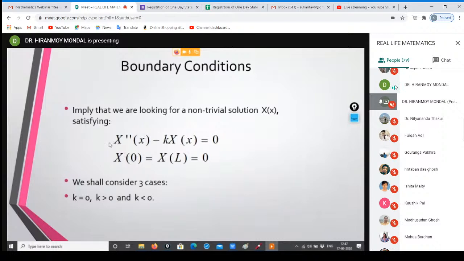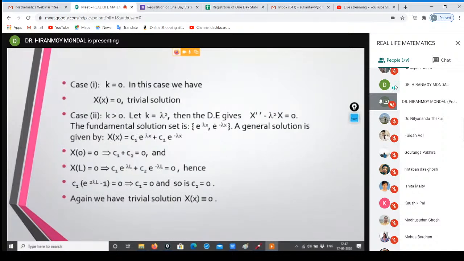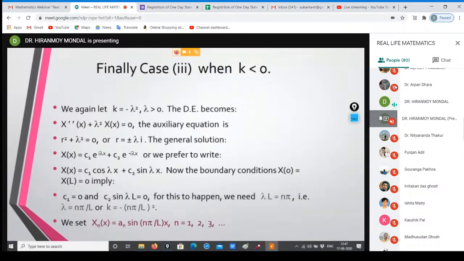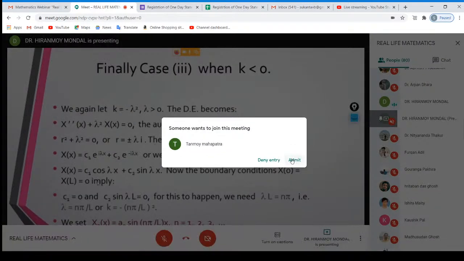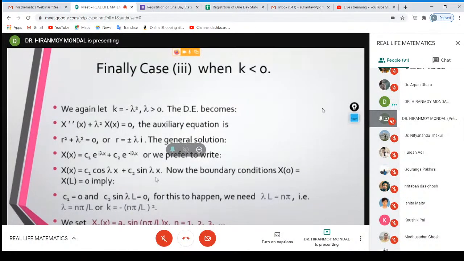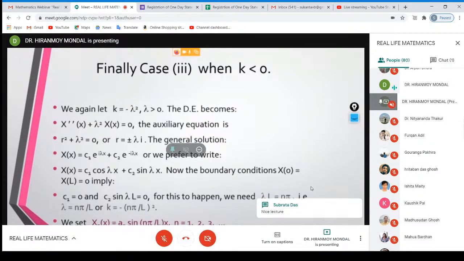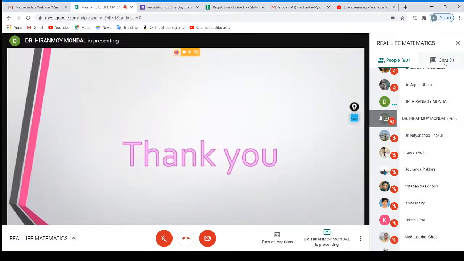Therefore, these two equations depend on these k values, and ultimately we have to get the solution of the heat conduction equation using the differential equation. The wave equation and the heat conduction equation we also have to solve using the same method. Okay, thank you.